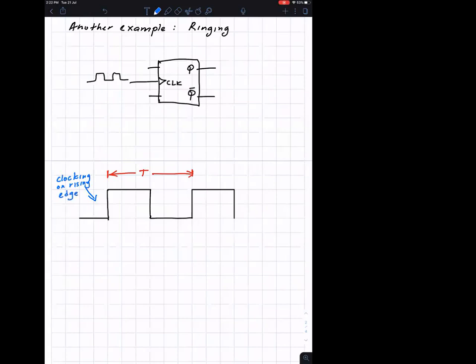The rising edge is when it goes from 0 to 1, maybe in this case, or some value. So this is the falling edge on this side. Let's say in this scheme, you are clocking on the rising edge.